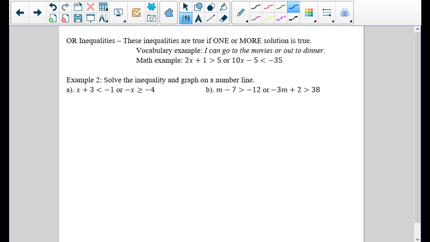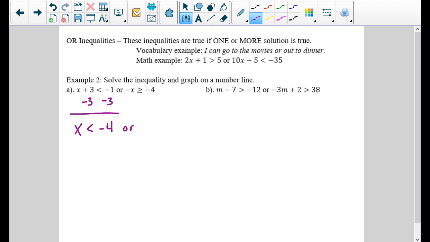So you can see here in A I have x plus 3 less than negative 1 or negative x greater than or equal to negative 4. Let's solve this just like we would a normal inequality. We're going to subtract 3, so x is less than negative 4.